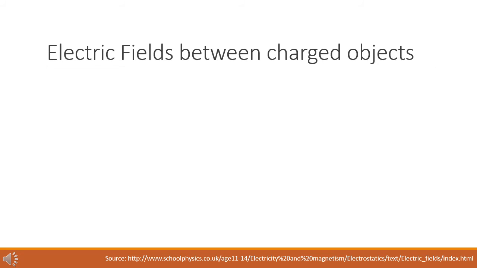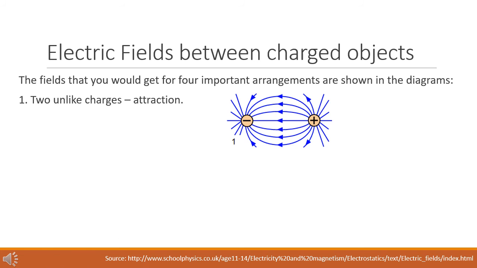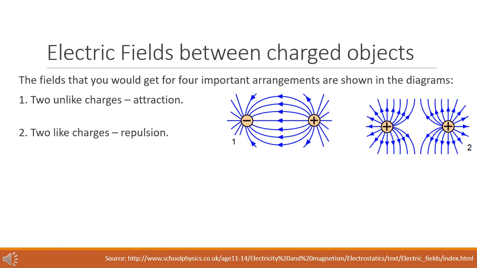Let's look at electric fields between charged objects. The fields that you would get for 4 important arrangements are what we're going to look at. Firstly, 2 unlike charges, a positive and a negative, form an attraction. Secondly, 2 like charges, a positive and a positive, or a negative and a negative, have a repulsion.